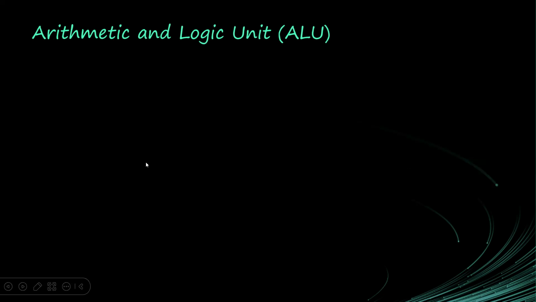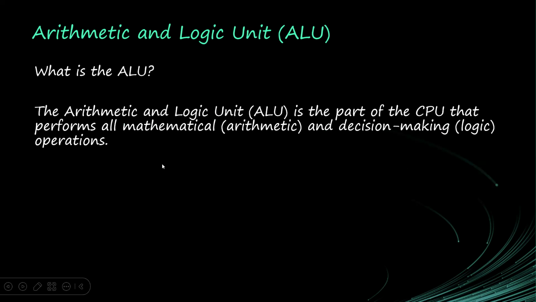All right. So the next part we'll take a look at is the arithmetic and logic unit. Remember, the CPU has three parts: the control unit, arithmetic and logic unit, and the registers. So now let's talk about the arithmetic and logic unit. What is the ALU? The arithmetic and logic unit is the part of the computer that performs all mathematical and decision-making operations.